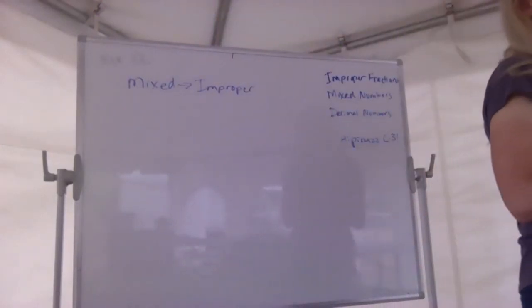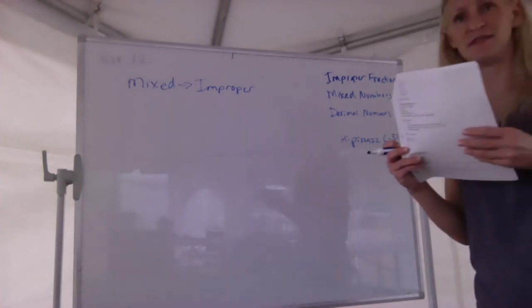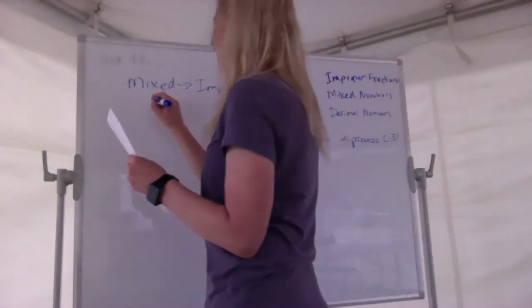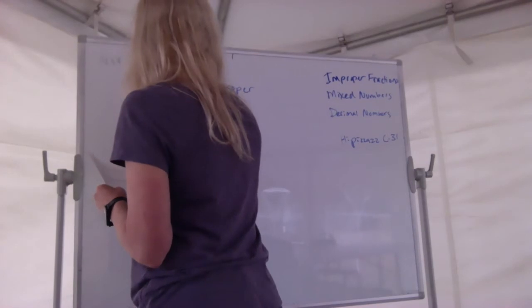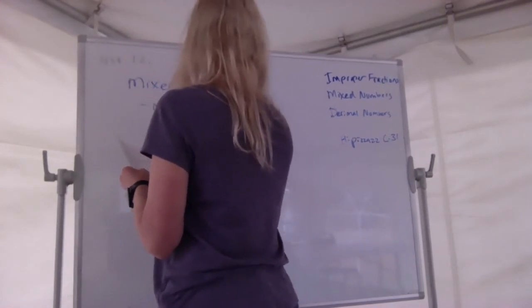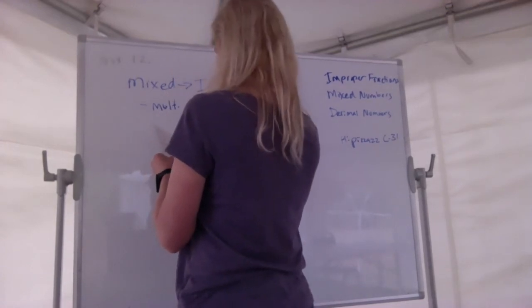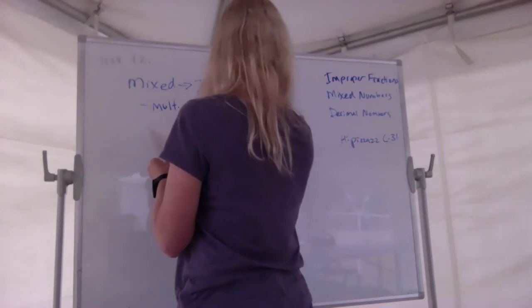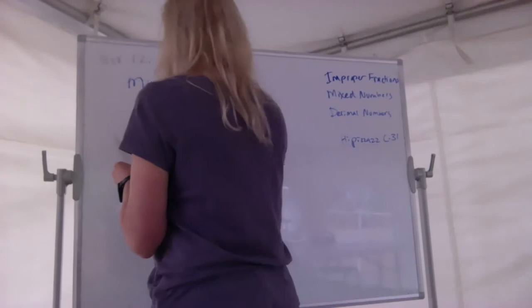All right, so how do we go from a mixed number to an improper fraction? Here are the steps and then we'll practice. We're going to multiply the denominator by the whole number. I'm just using little abbreviations here.